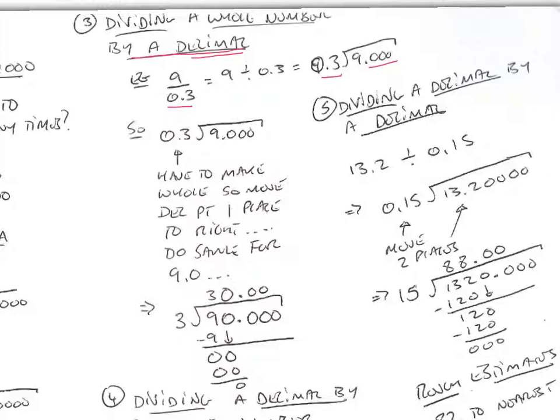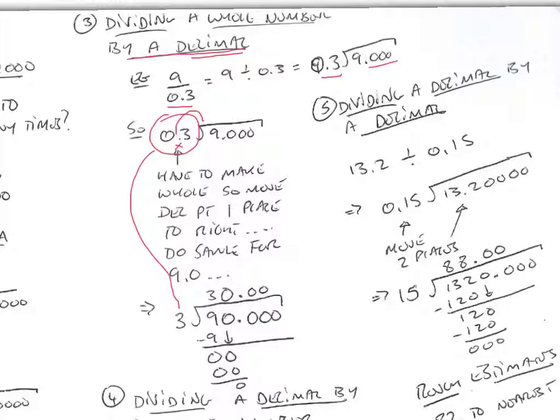Now when we try to divide a decimal into a number, we need to clean up the decimal and make it a whole number. So we need to move the decimal point to the right until we have a whole number at this point in the sum. To make 0.3 a whole number, we must move the decimal point one place to the right, and that gives us 3.